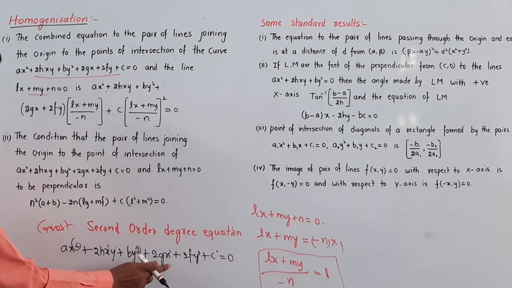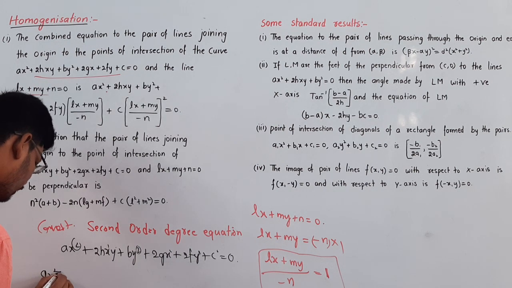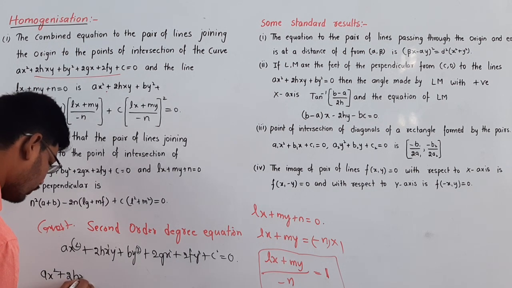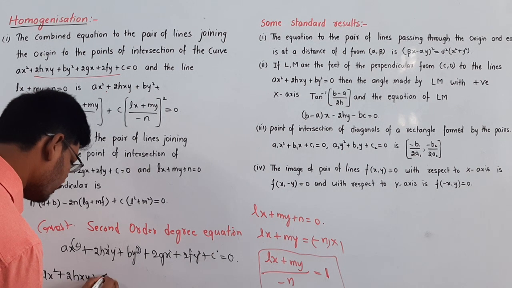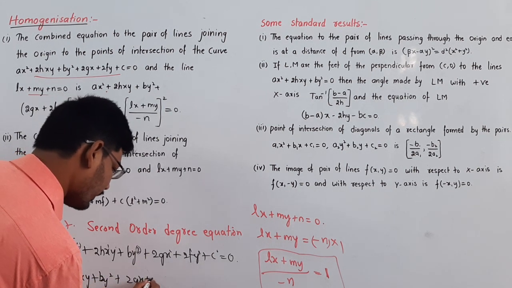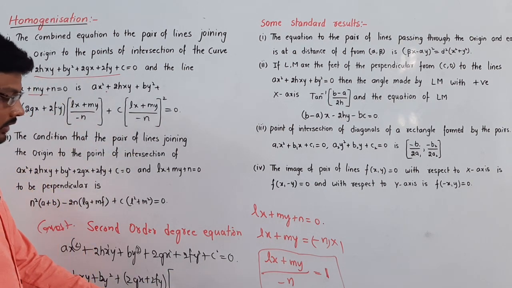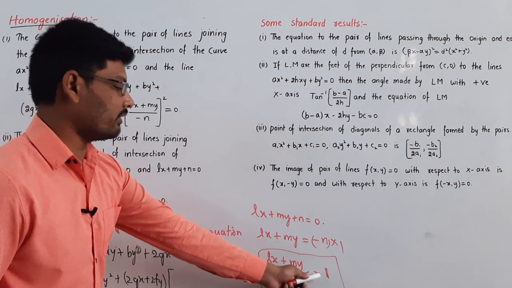So if you convert to degree 1, I am multiplying ax square plus 2hxy plus by square, and 2gx and 2fy, both are having degree 1. So instead of that I am taking this one value here.